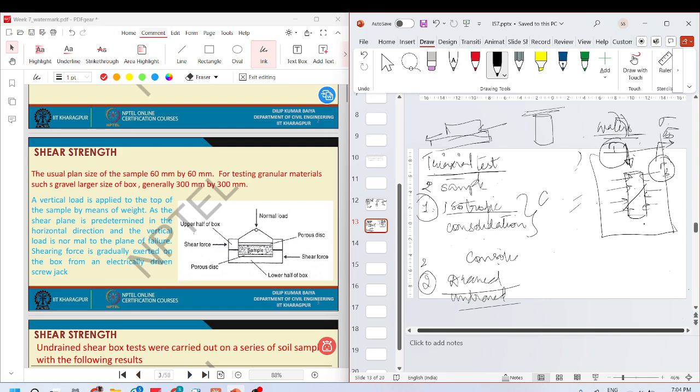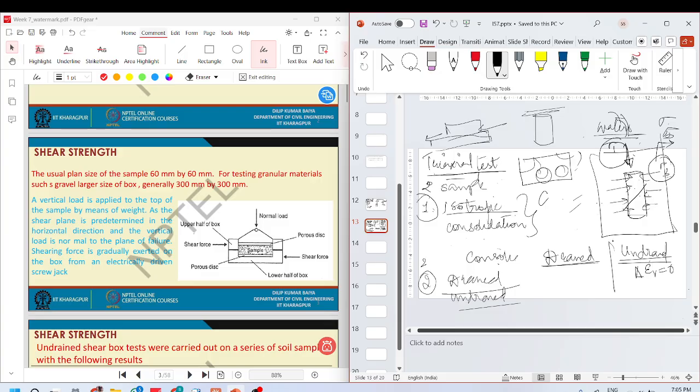Another thing that drained and undrained tests signify is this: when you don't allow the water to move out, given that your sample is saturated and you assume water to be incompressible, and soil grains to be incompressible, there will be no volume change.